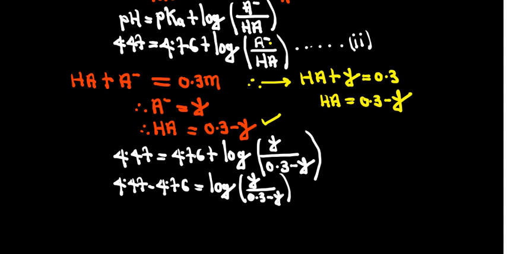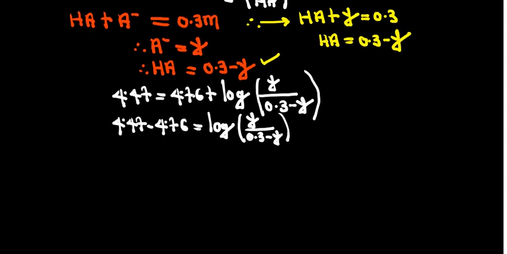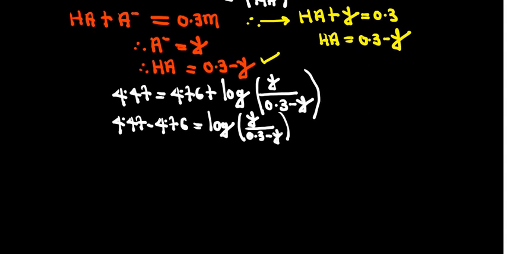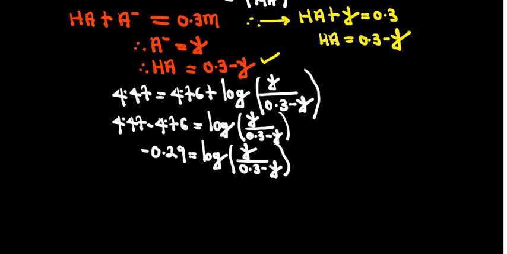So I still have to find the difference here. I'm saying 4.47 minus 4.76. What value am I going to have? I'm going to get negative 0.29, which is equal to the log of Y over 0.3 minus Y. What's the next thing? I have this equation, but I want to get rid of the log.